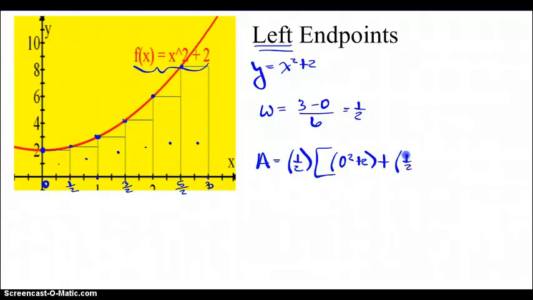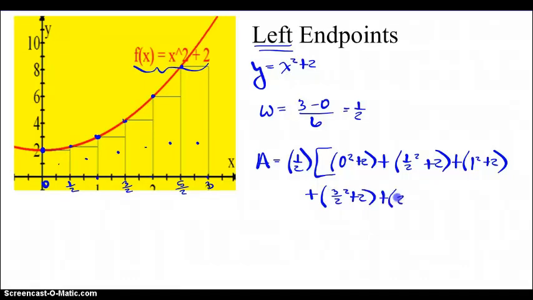My second height is 1/2 squared plus 2. My third height, right here, comes from 1 squared plus 2. My fourth height would come from 3/2 squared plus 2, and then 2 squared plus 2.